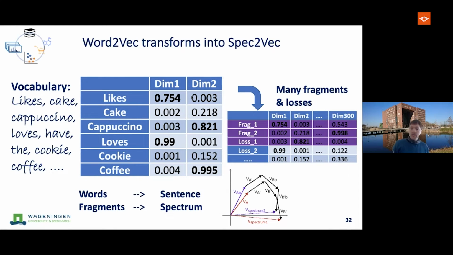And the idea is then that we can use that also to compare spectra, because if we know the relation of one fragment, we can also add up all the fragments and losses in the spectrum. And we end up somewhere in this 3-dimensional space. And we can do the same thing for another spectrum. And then we can also find out how far apart they are in this 3-dimensional space. And that's exactly what we did.